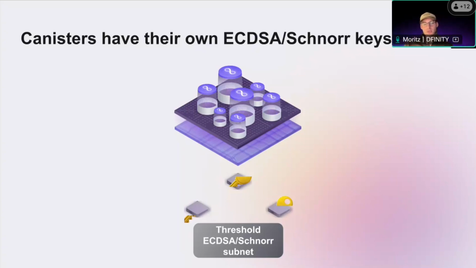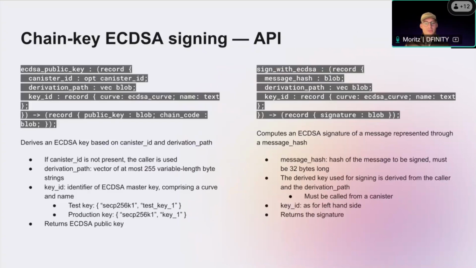That's not how those threshold signing protocols work. And through those ECDSA or Schnorr threshold signatures, your canisters or your smart contracts on the Internet Computer can natively hold Bitcoin, Solana, or Ethereum, because they all support ECDSA or Schnorr signatures.